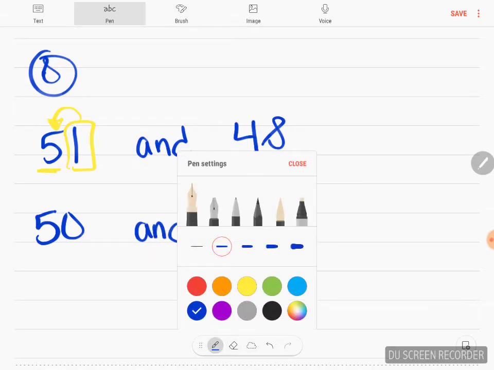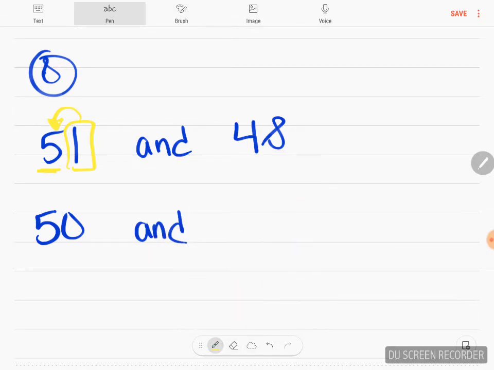And now let's look at the 48. Underline it and box this. Does that 8 tell that 4 to go up or stay the same? The 8 tells the 4 to go up, so this becomes 50. All right, every time you round, the numbers behind it become a 0.